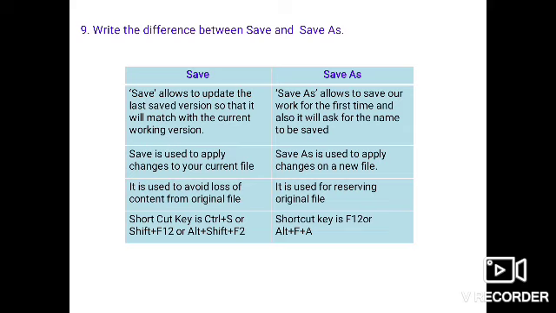Save is used to apply changes to your current file only, whereas save as is used to apply the changes on a new file. Third, save is used to avoid loss of content from the original file, whereas save as is used for preserving the original file. The shortcut key for save is Ctrl plus S, or you can also use Shift plus F12 or Alt plus Shift plus F2. For save as, you can use F12 or Alt plus F plus A.